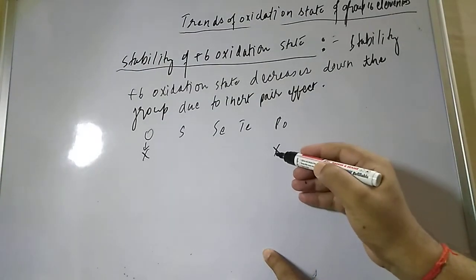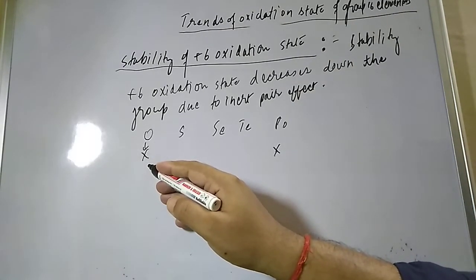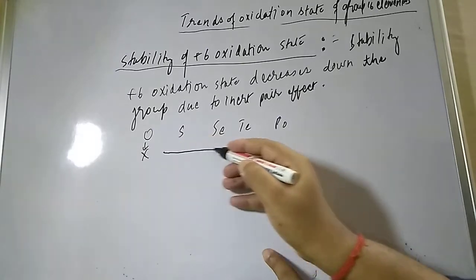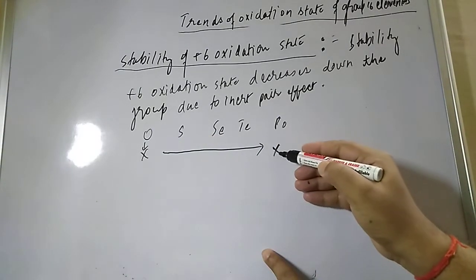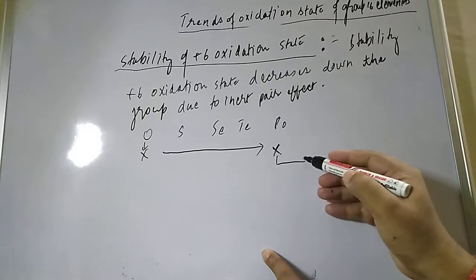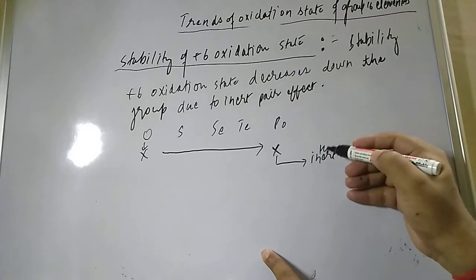Why will it not represent, student? Oxygen is most electronegative, that is why it cannot remove. And polonium has high inert pair effect.